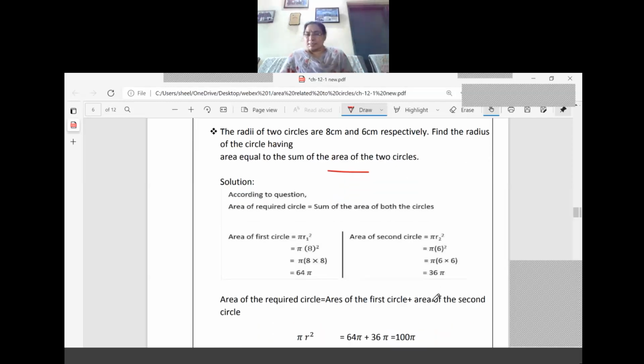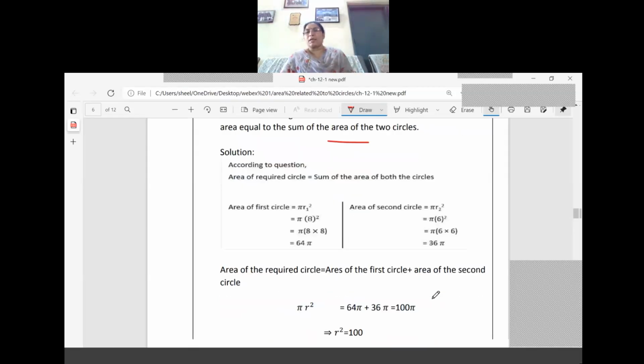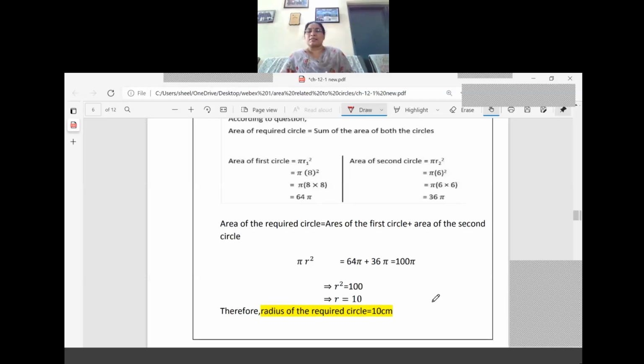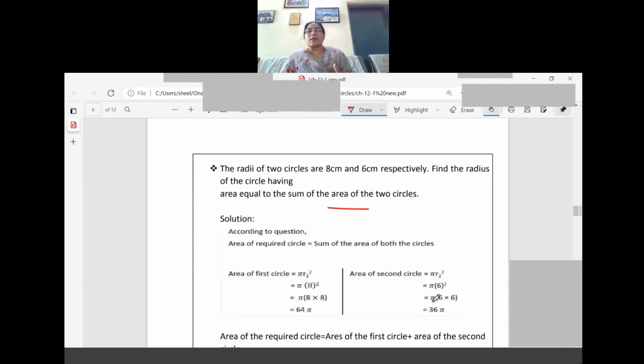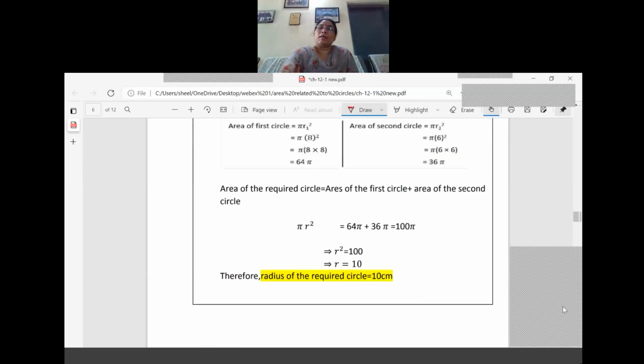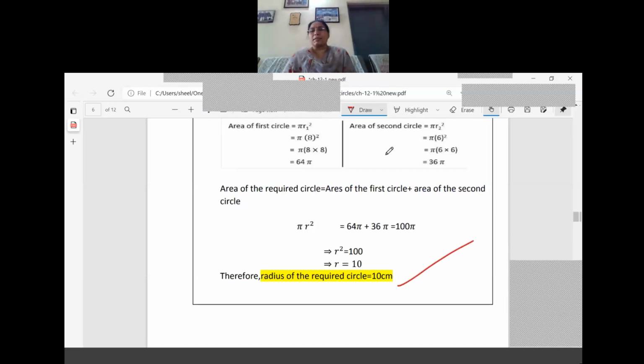We calculated separately the areas of the two circles, that is pi r1 square and pi r2 square. Then the condition we applied. What is the condition? Area of the required circle equals area of the first circle plus area of the second circle, substituted, and r is calculated. I think only the radius is asked. Find the radius. Okay, no diameter this time. So the radius of the circle is equal to 10 centimeter, right?